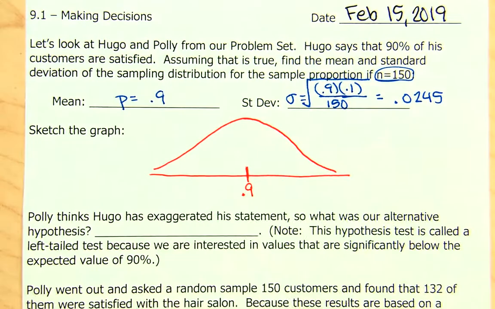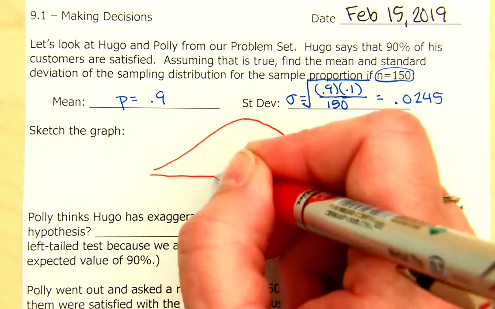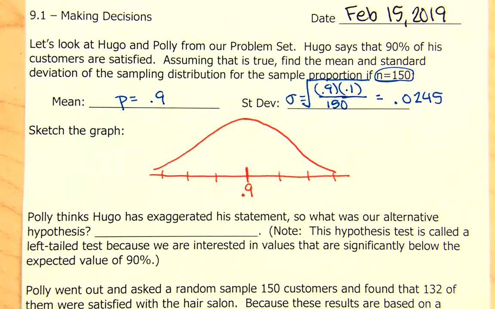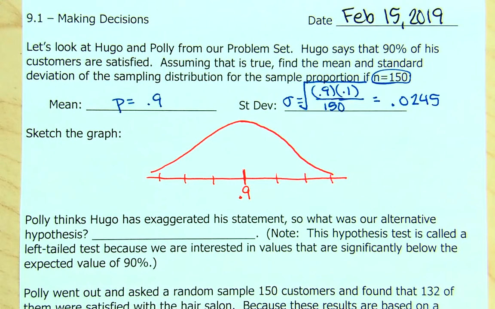Now we're going to go back to first semester when we first started talking about the normal model, and we said you can go 3 standard deviations each direction. And we learned how to label those standard deviations with the values associated with it. Remember this? We talked about the empirical rule, the 68, 95, 99.7. We're going to go back and label this just to keep that in front of you. You wouldn't have to do this every time. Just realize we're doing it to refresh your memory on how to do that.